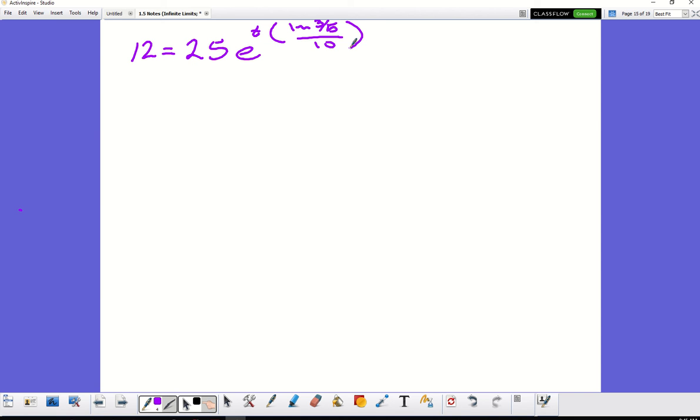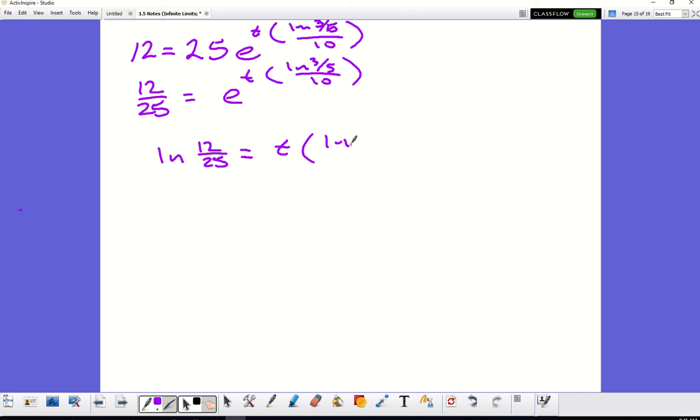Algebra-wise, go through and try to algebra this to isolate your t. So divide both sides by 25. 12 over 25 is equal to e to the t times ln of 3 over 5 over 10. Take ln of both sides, so ln of 12 over 25 equals t divided by ln of 3 over 5 divided by 10.